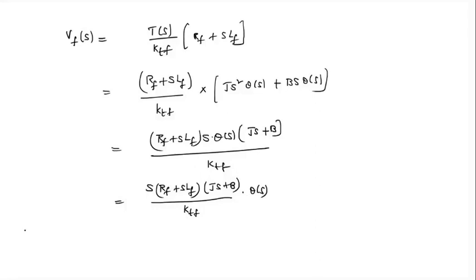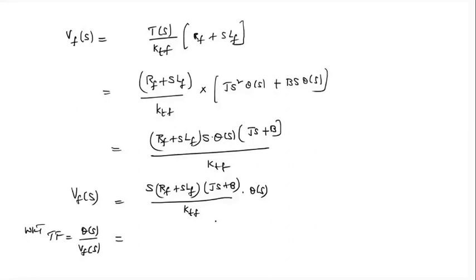So we know that the transfer function equals theta of S by Vf of S. Here the left side is Vf of S, the right side is some constant into theta of S. So if you write theta of S by Vf of S, you will get the transfer function.